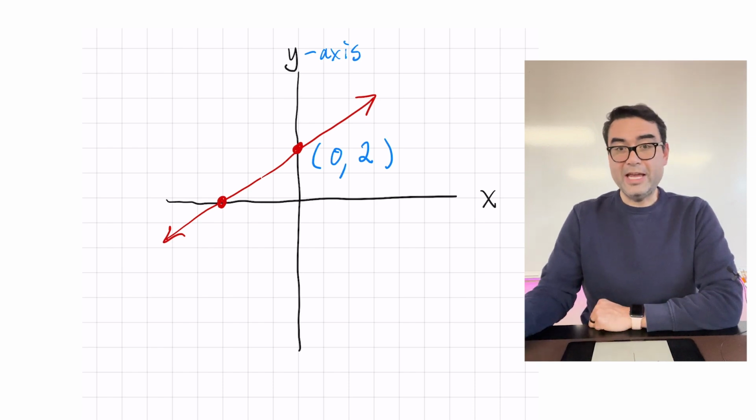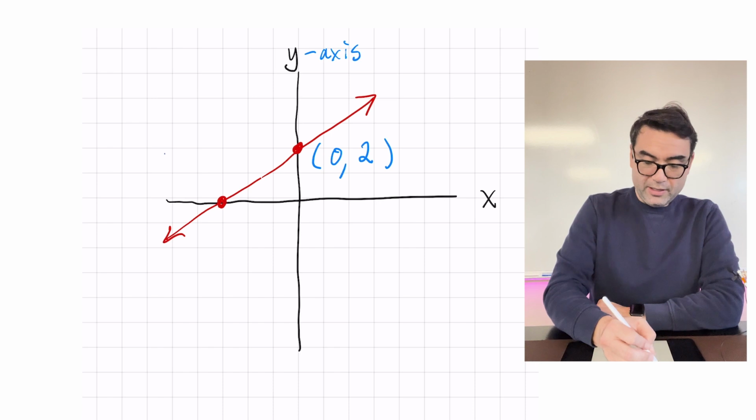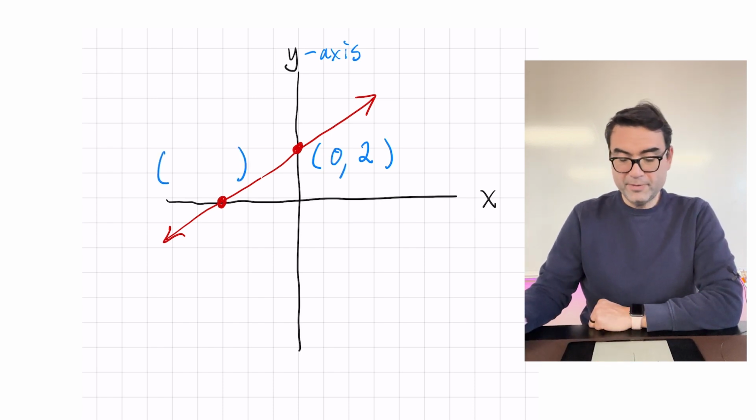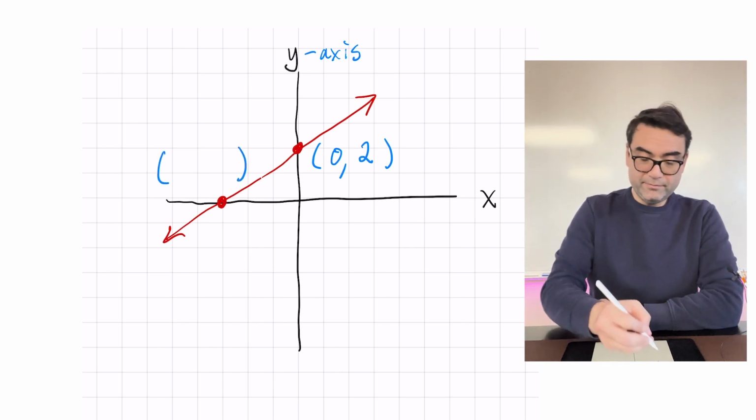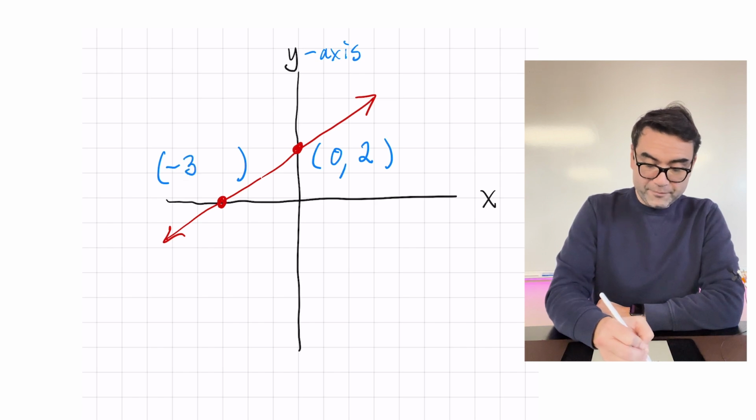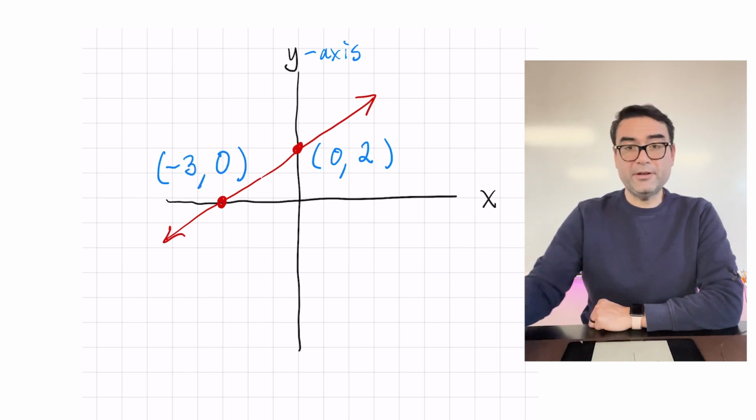Well, wherever it crosses the x-axis is known as its x-intercept. And this point is always of the form the x-intercept value, x equals -3, 0.